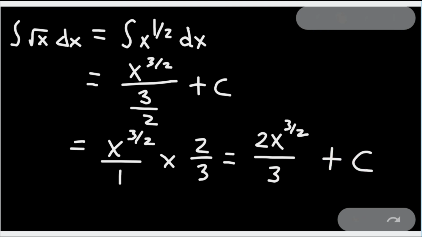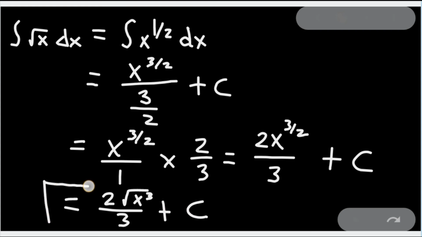And we can also transform this exponential function into radical sign. So what we have is 2 times square root of x cubed over 3 plus c. So this is our final answer.